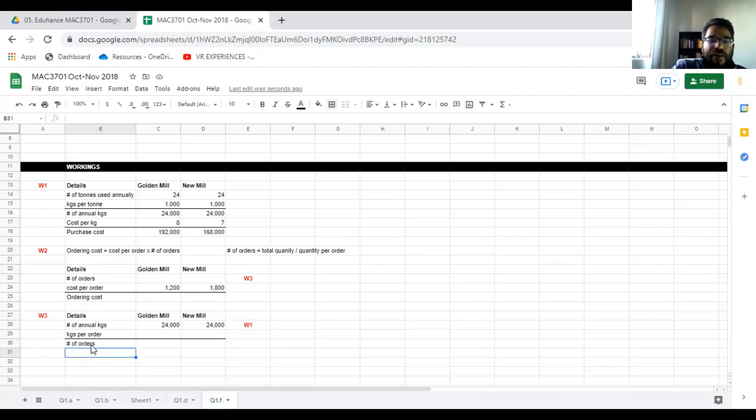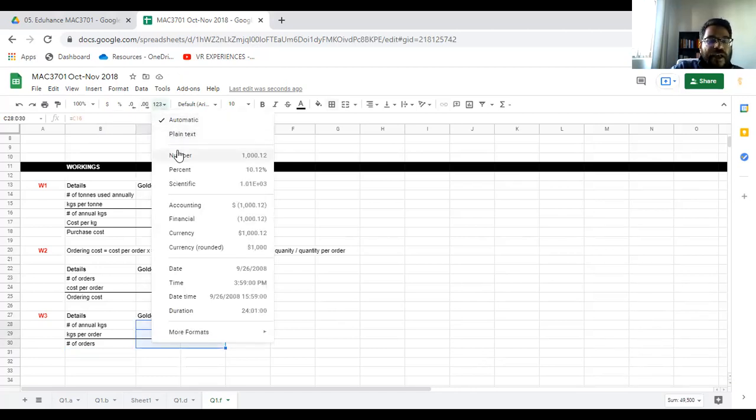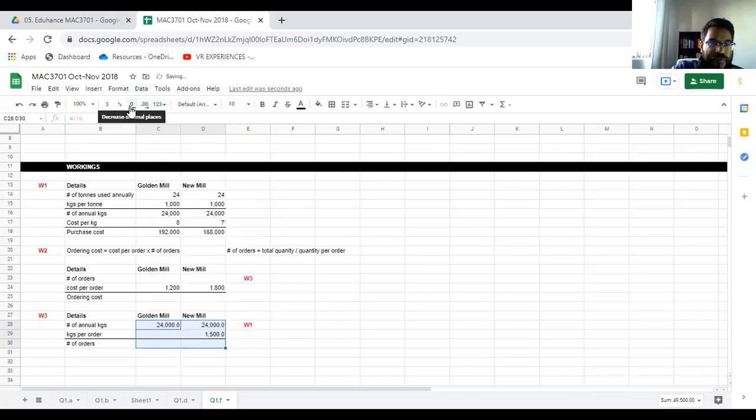We will charge you 7 Rand per kilogram, but we require you to place 1,500 kgs per order.